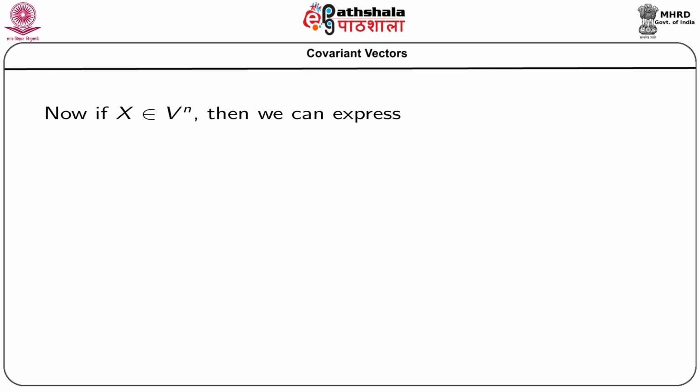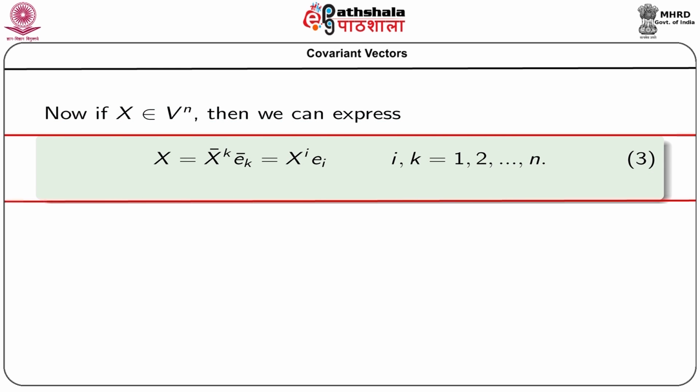Now, if x is an element of the vector space, then we can express x as x bar^k E bar_k and x^i E_i, and they are the expressions obtained by the basis vectors E bar_k and E_i.